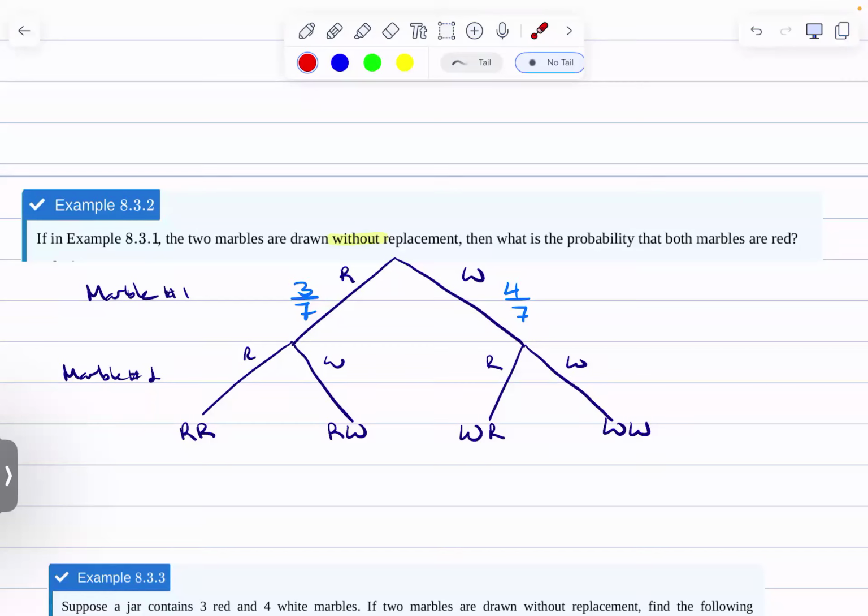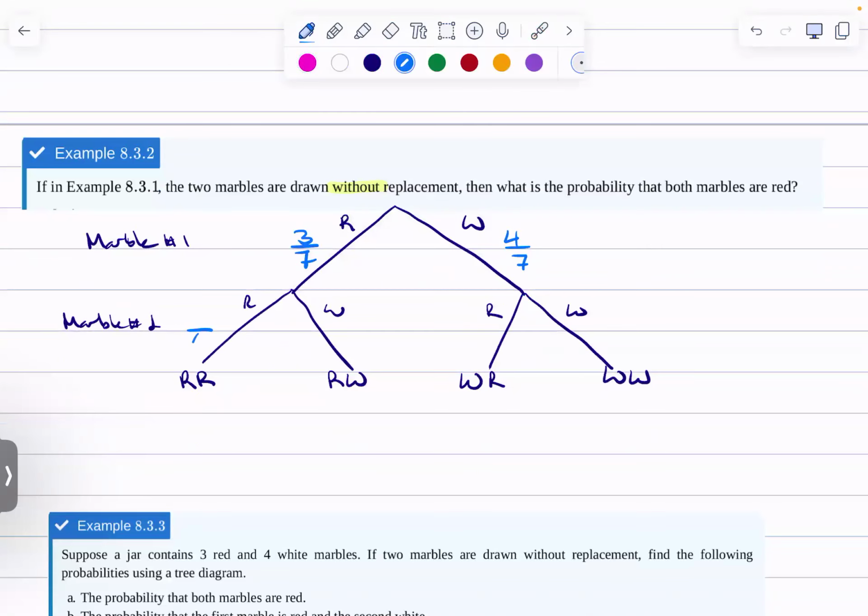And so let's tackle the denominator first, because if you have 7 marbles to start and then you've drawn one without replacement, then of course you only have 6 left, right? And so for your second marble, the probability is going to be just out of 6 for each of these, since you've removed one and you didn't put it back.